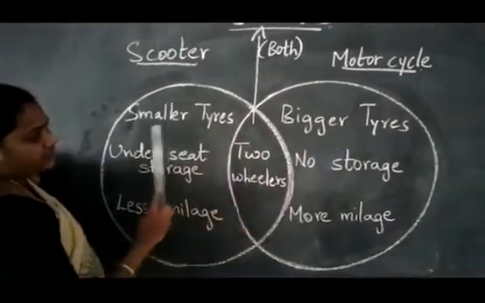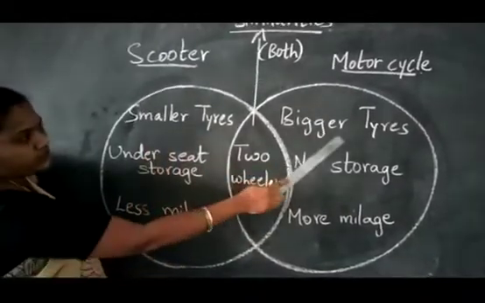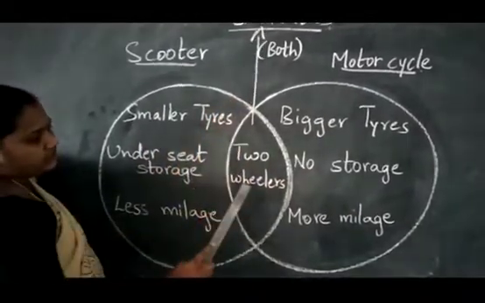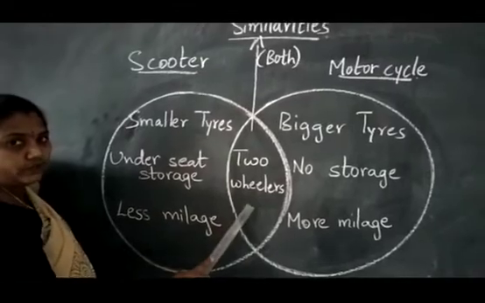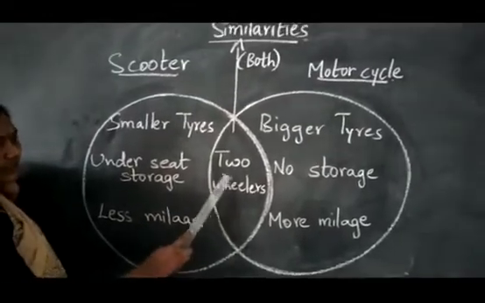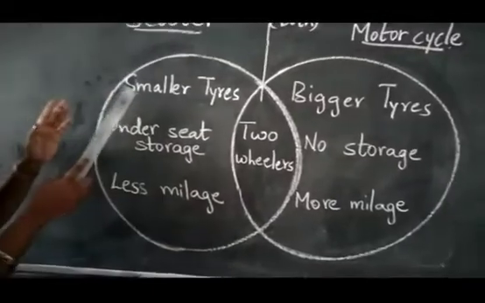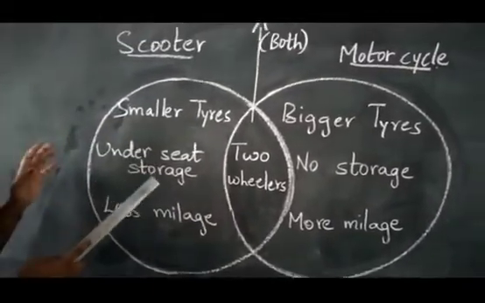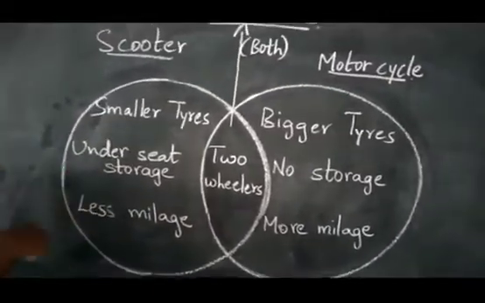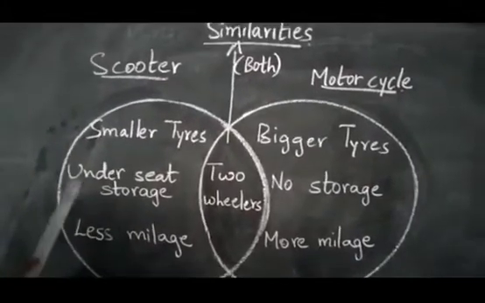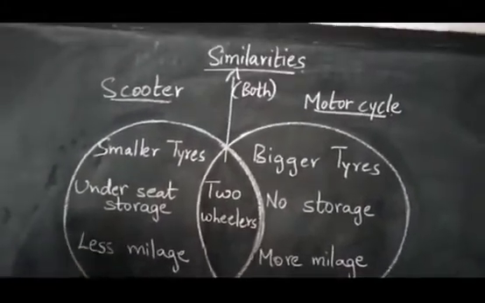These are the differences of a scooter and a motorcycle. And what is the same thing? Both are two-wheelers. Yes, both are two-wheelers. So I took this example so that you can understand better. And like this you will be writing the similarities and differences by using a Venn diagram.